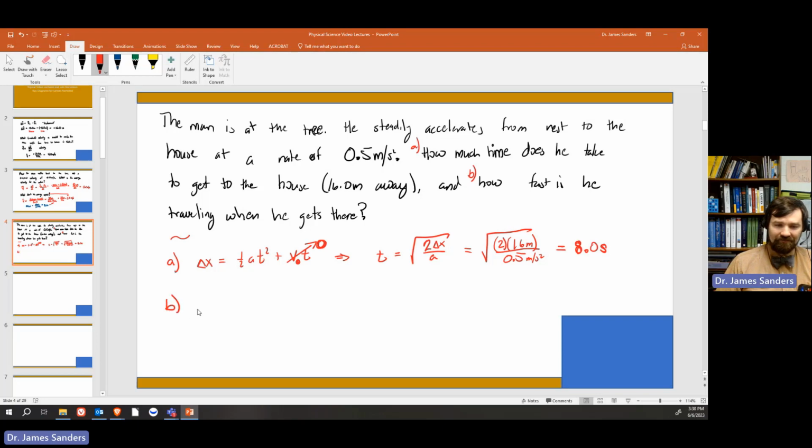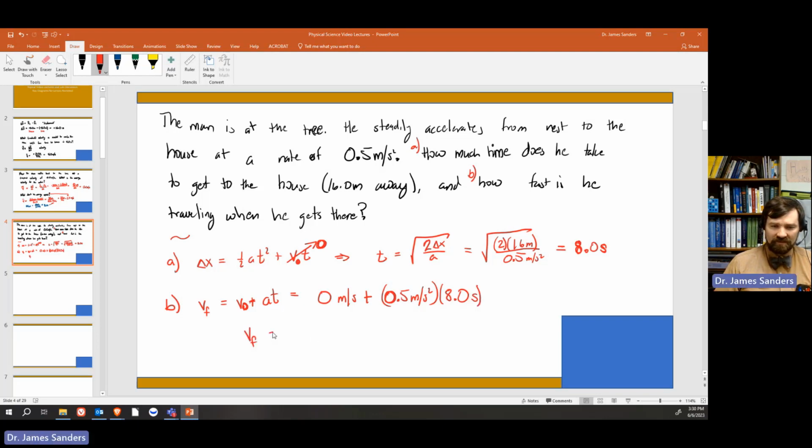Now we want to know how fast he's going to be traveling when he gets to the house. So his final speed is his initial speed, V0, plus acceleration times time. Again, that's 0 meters per second, this initial speed is 0, plus 0.5 meters per second squared times 8.0 seconds.